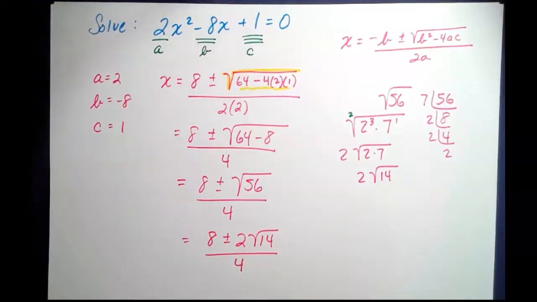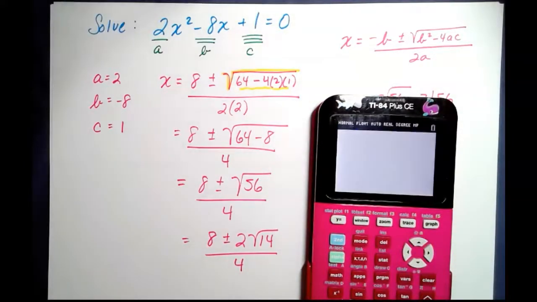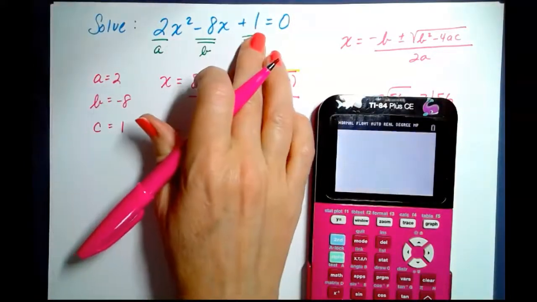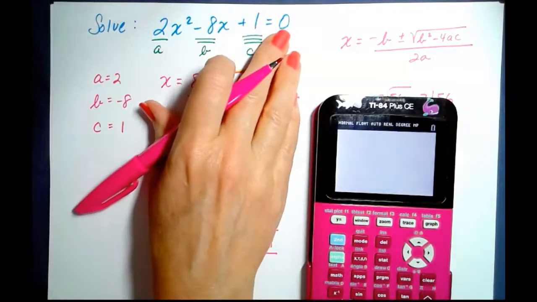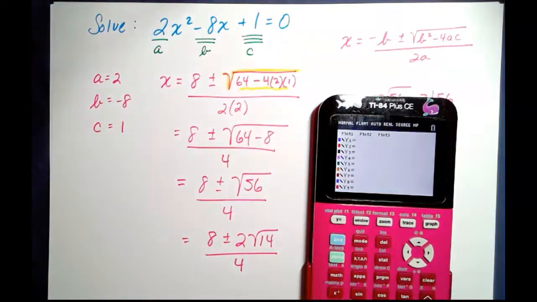Now, why does this equal what it equals? And why can't we simplify it? Well, I just want you to see on the graph very quickly. If we were to graph this quadratic equation, setting it equal to y, I'll show you what it looks like.